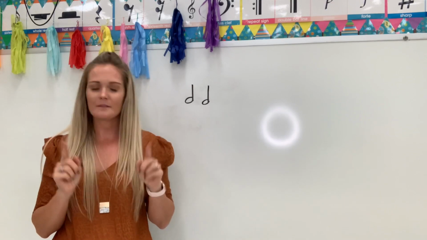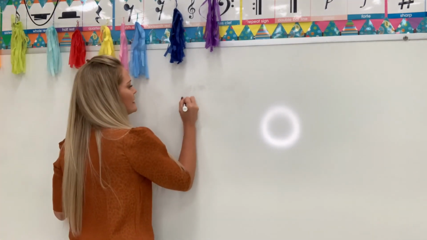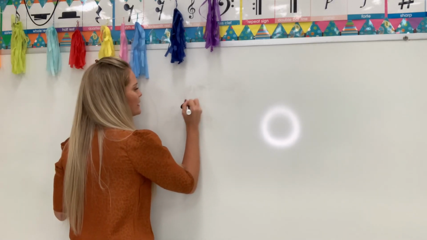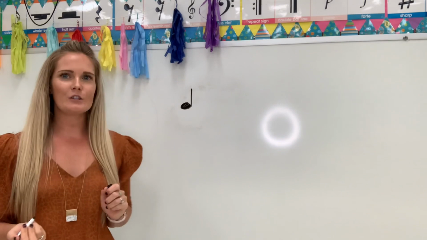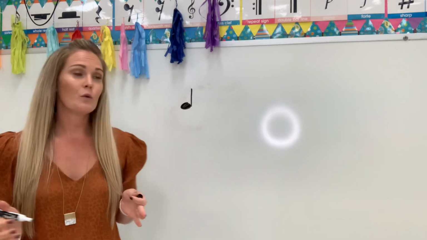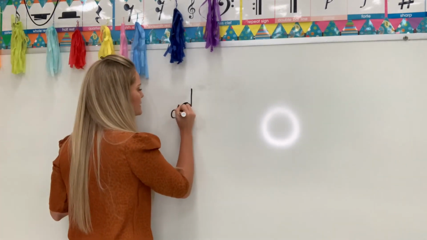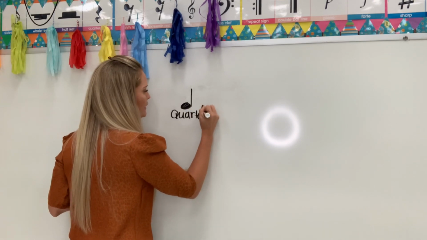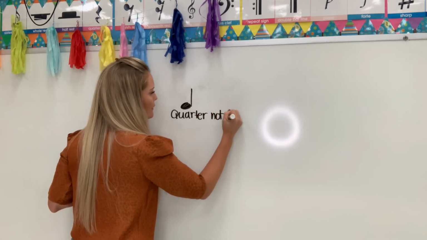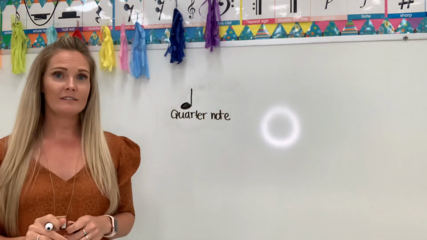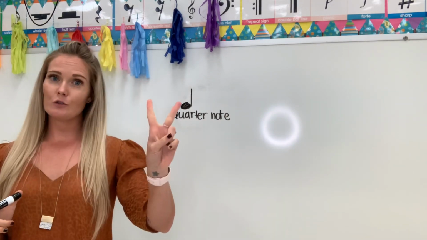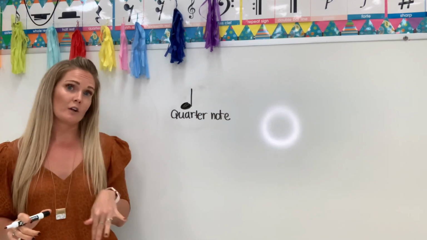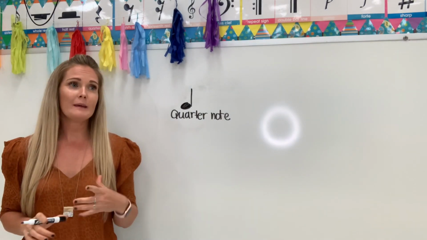All right, awesome. The next note we are going to learn looks like this. So we're drawing that oval again, but this time we're gonna color it in and we're adding that stem, that stick to it. This is your quarter note. Now the quarter note is shorter than the half note. So remember, the half note was 2 beats. The quarter note is shorter than the half note. So what could be less than 2?